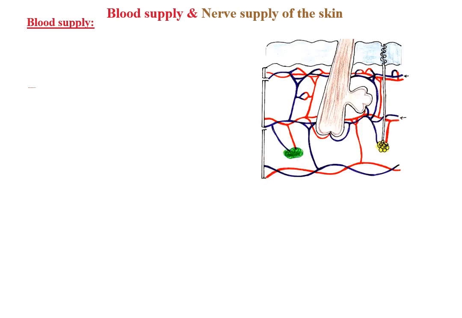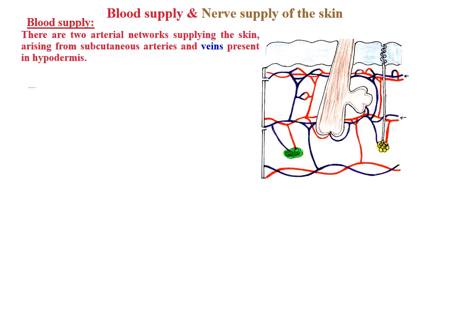Blood supply and nerve supply of the skin. Blood supply: there are two arterial networks supplying the skin, arising from the subcutaneous arteries and veins present in the hypodermis.